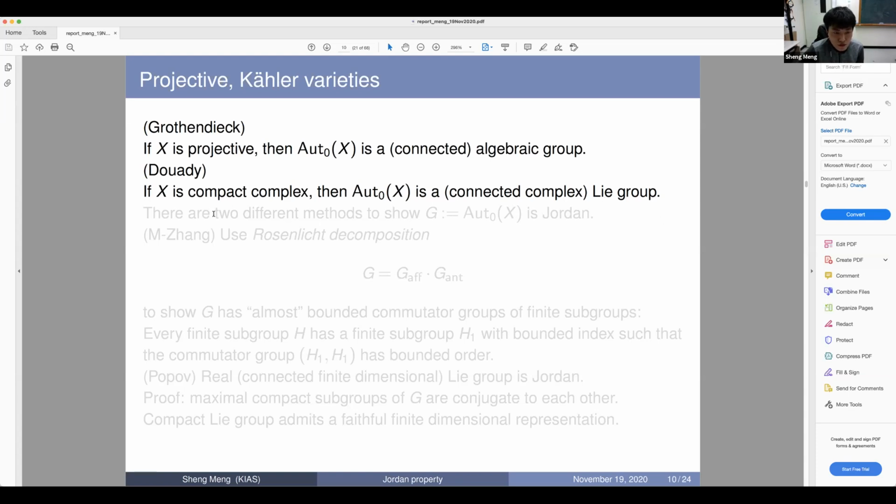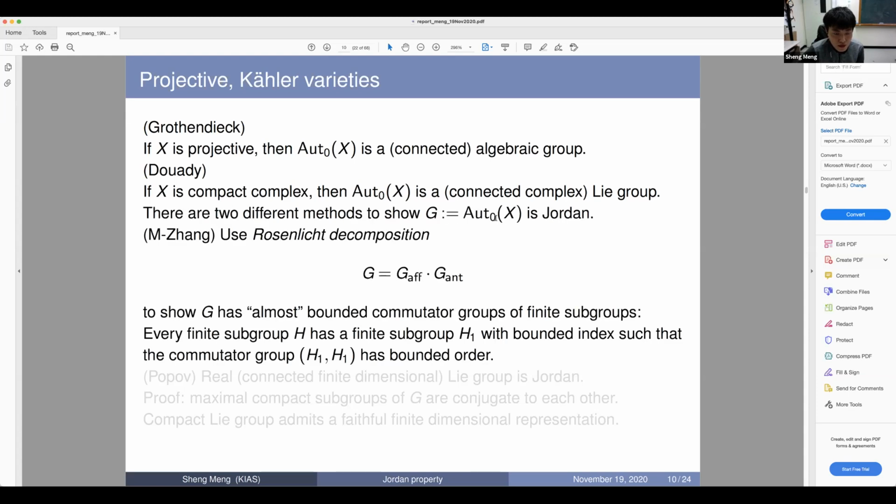There are now two known different methods to show that this group is Jordan. One way is to use the Rosenlicht decomposition, which is written as G equals G_aff times G_anti-aff. Here, G_aff is the maximal normal connected linear subgroup of G, and G_anti-aff is the minimal connected subgroup of G making the quotient linear.